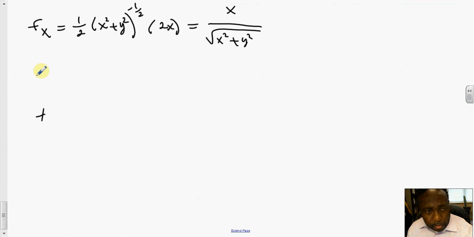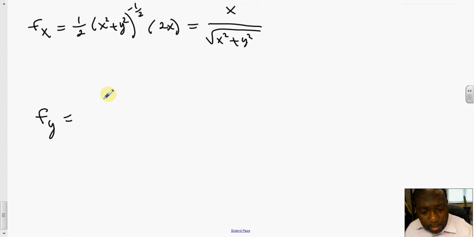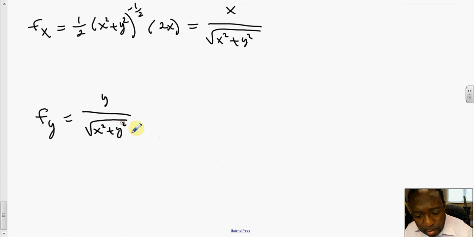And the partial of f with respect to y, again, looks like symmetry with this function. So this is y all over the square root of x squared plus y squared.